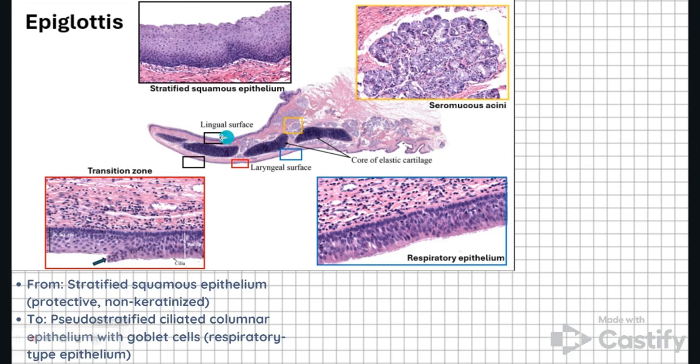And we're going to continue stratified squamous, transition, we're going to become respiratory epithelium, it's going to be pseudostratified ciliated. Okay, and inside here you have the seromucous glands. Okay, I think so far very easy. Nothing too difficult. Okay, pseudostratified here, stratified squamous, non-keratinized. If there was keratin, there would be pink here, non-keratinized.